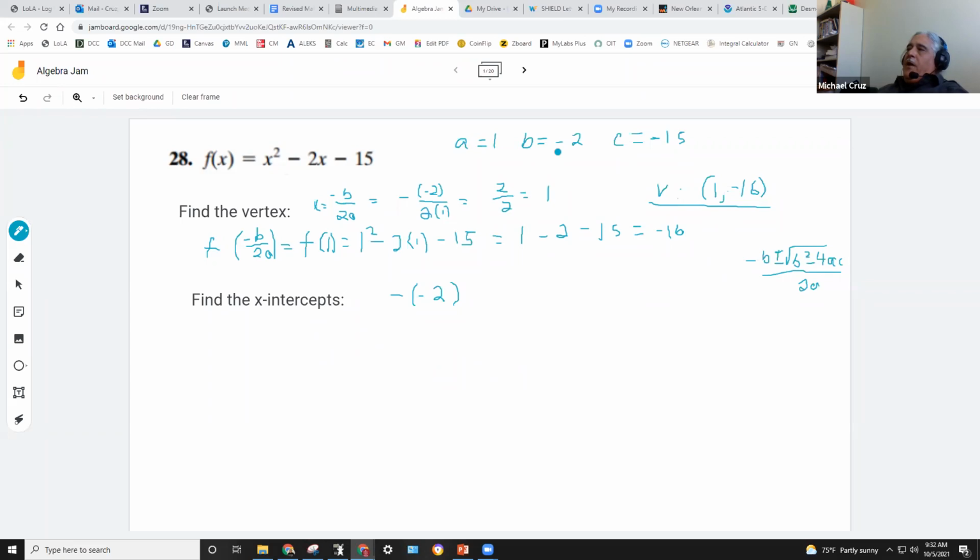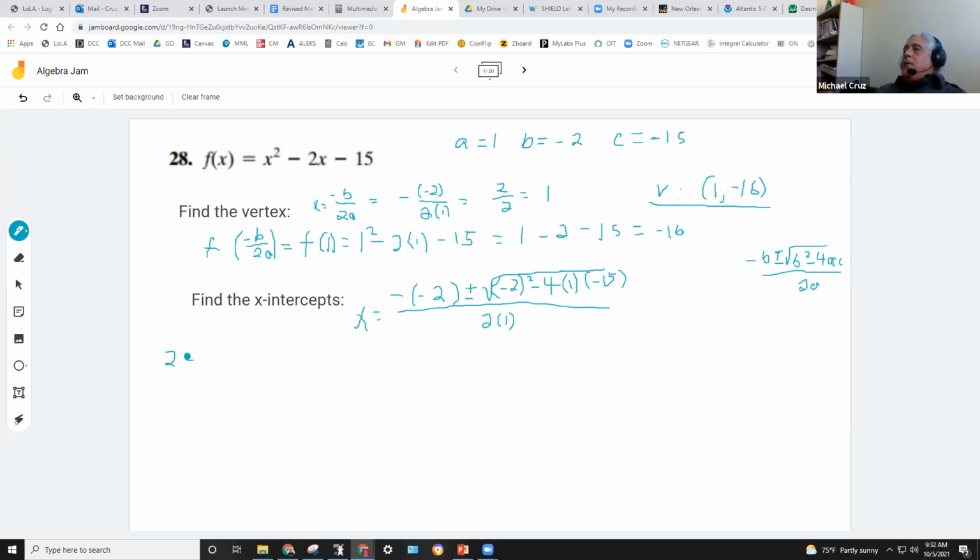So negative of the negative 2 and 1 over 2 times 1. So here's going to be our x-intercept.